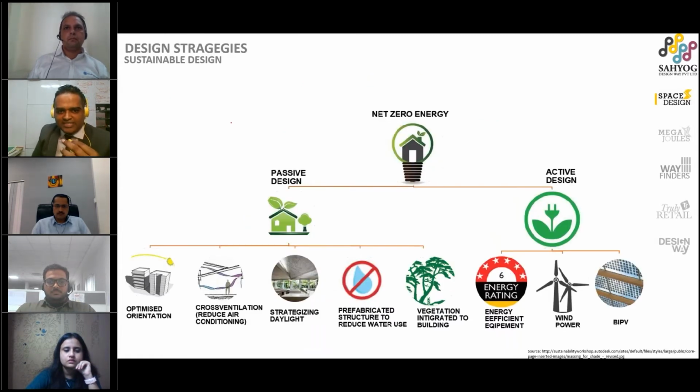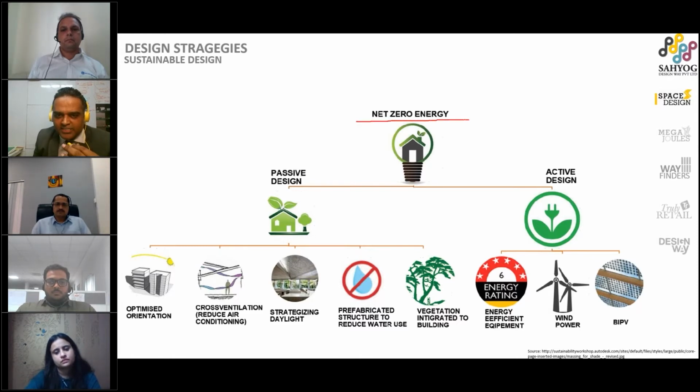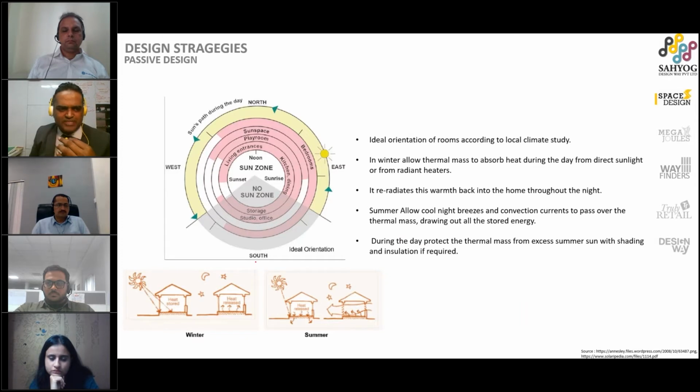So coming to the sustainability part, we approached it towards net zero energy. We have a passive design strategy and an active design strategy. Active design includes energy efficiency, equipment usage, and other parts, but during the design of the precast elements we focused more on the passive design strategy, which was optimizing orientation, cross ventilation, daylight, and better heat transfer into the building.